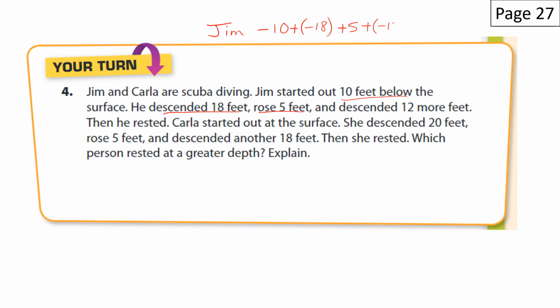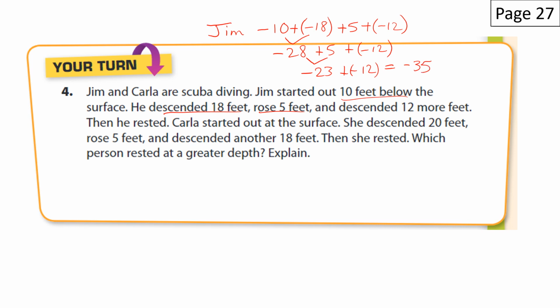This right here for Jim is negative 28 plus 5 plus negative 12. Negative 28 plus 5 would be negative 23, plus negative 12. Okay, these are the same signs, so I'm going to add them. So that's 35, so negative 35.